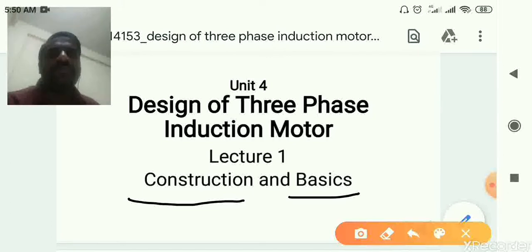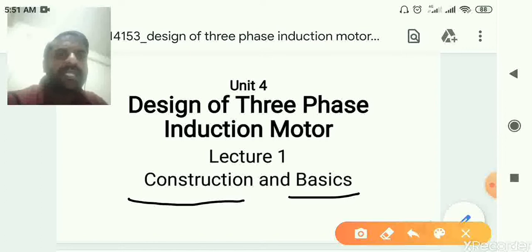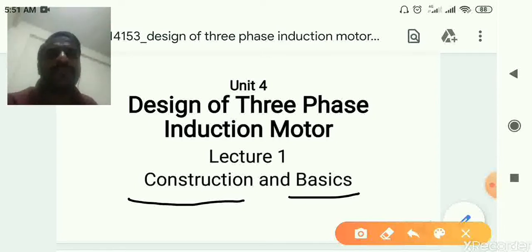As all of you have already gone through this topic, here we will take only a short review of the construction and basics of the three-phase induction motor. Friends, as all of you know, design is nothing but the procedure in which one has to decide the economical and efficient dimensions of the various parts of the machine.